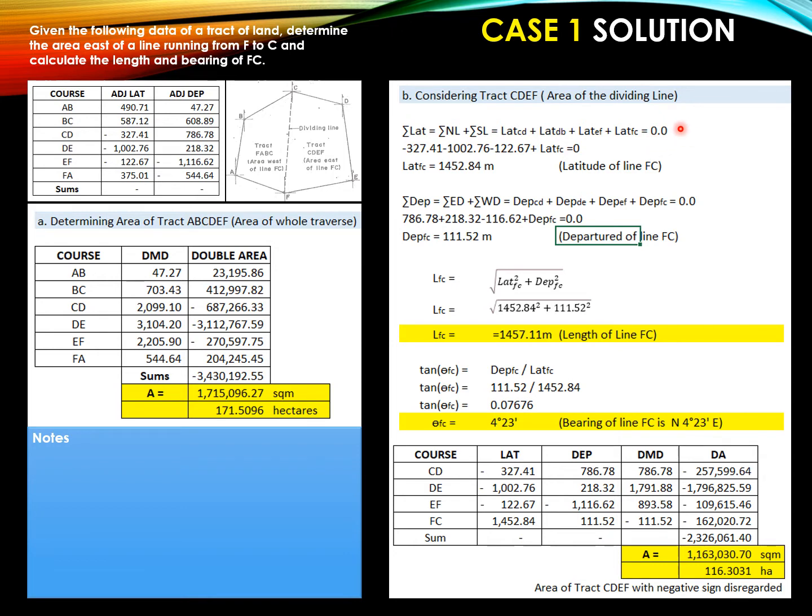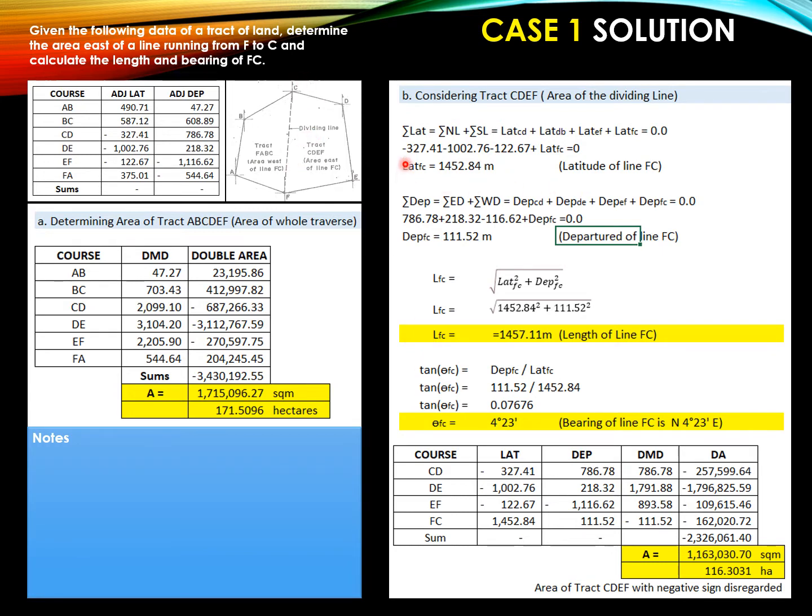We get that because we will consider this CDEF as a closed traverse. So, disregarding this area, we will focus on this area, so that we can now determine the length of the FC.